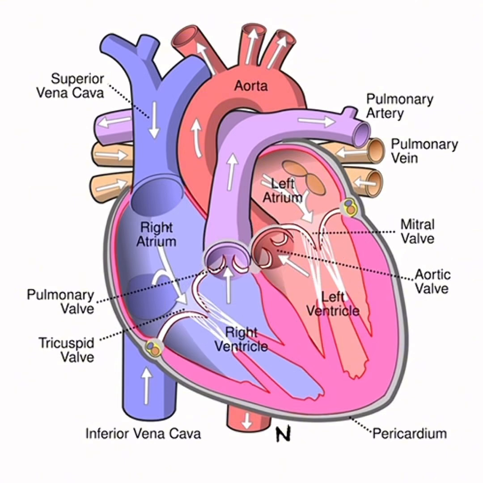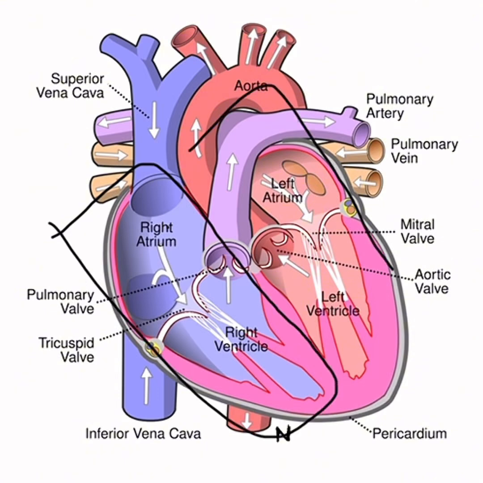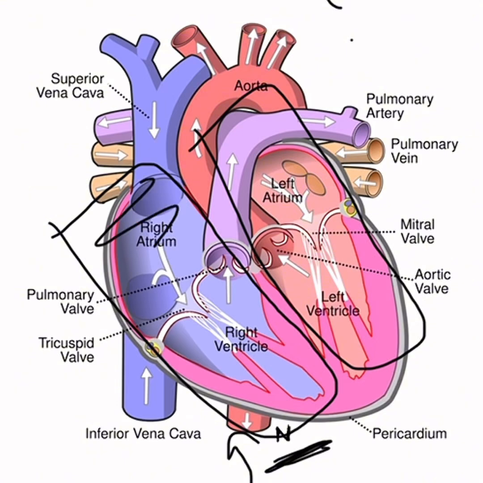Also, I want to talk about the location. This one is the right side of the heart, and this one is the left side of the heart. What is the difference between the right side and the left side? On the right side, basically, we can see deoxygenated blood. What does deoxygenated blood mean?